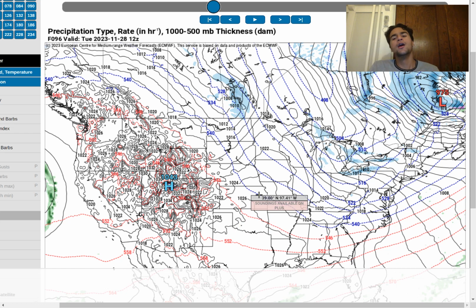But moving forward beyond this point, the European model also expects a strong northwesterly flow to exist during the early part of the week to bring the temperatures cooler than average.